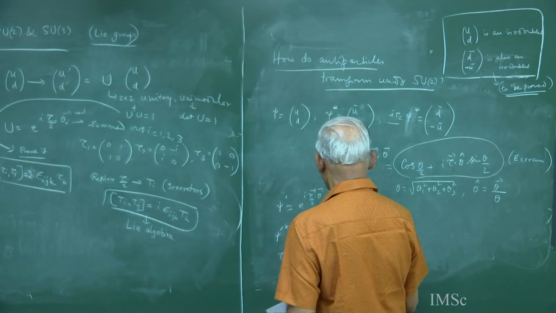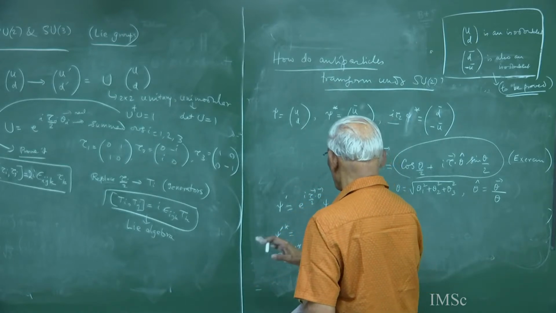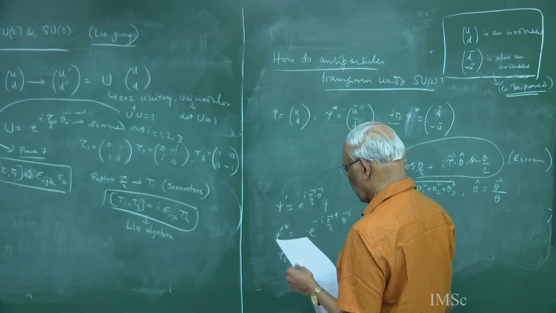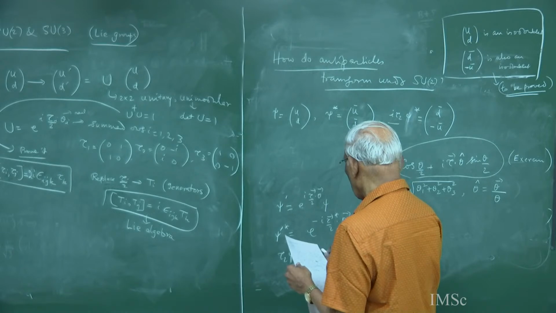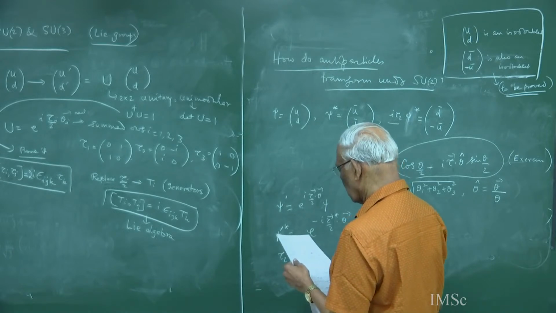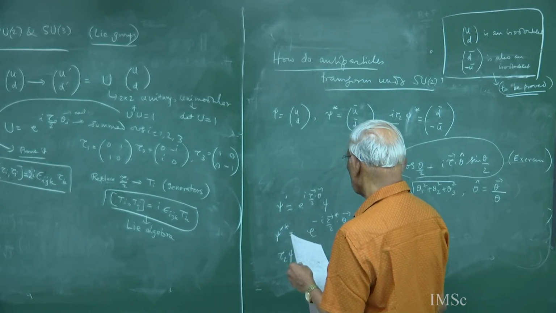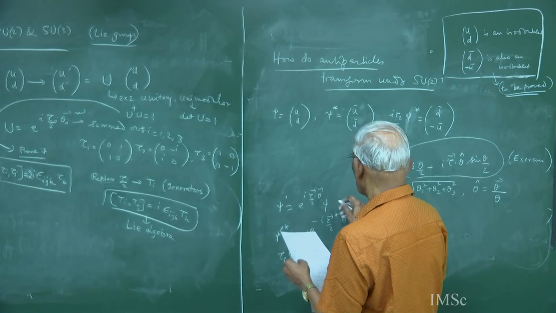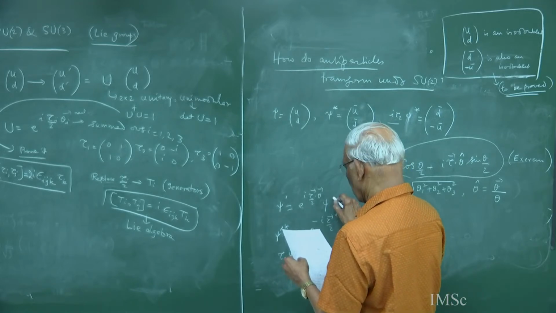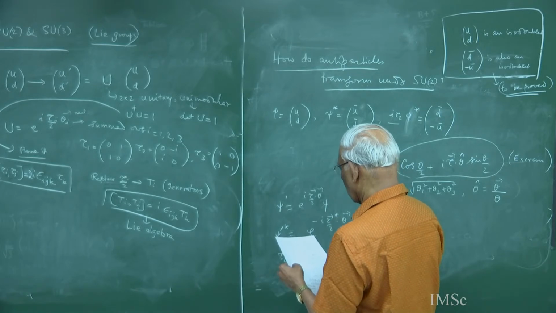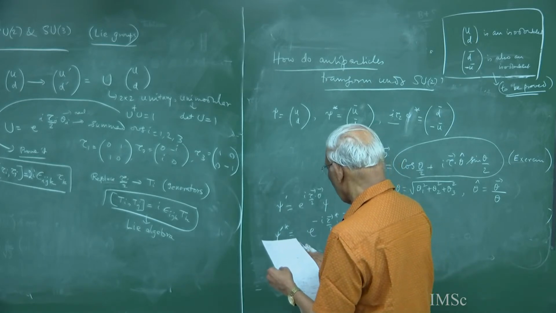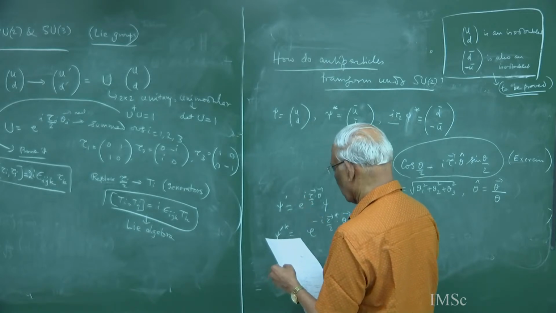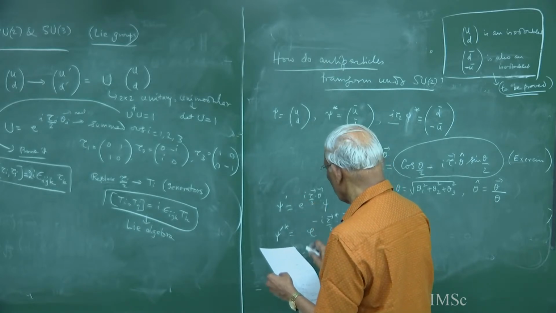Because this is a matrix and it is a column vector, you can always multiply from the left by another 2 by 2 square matrix. So let me first write that: multiply this equation by tau 2.